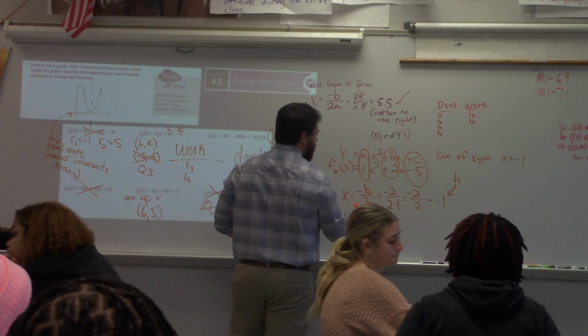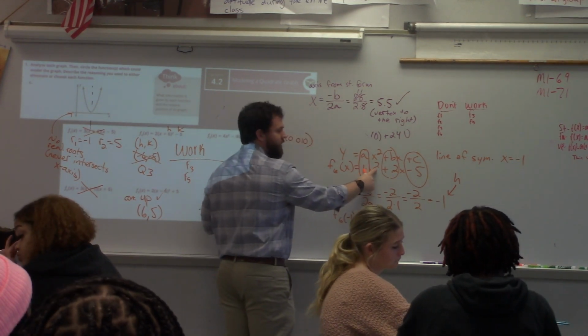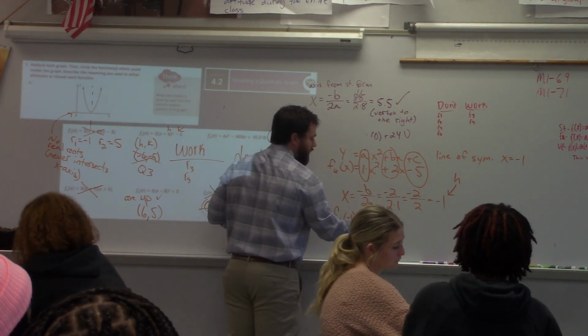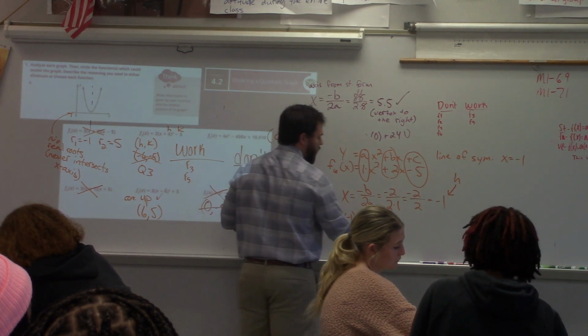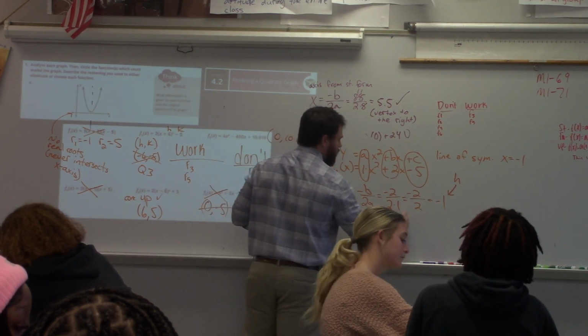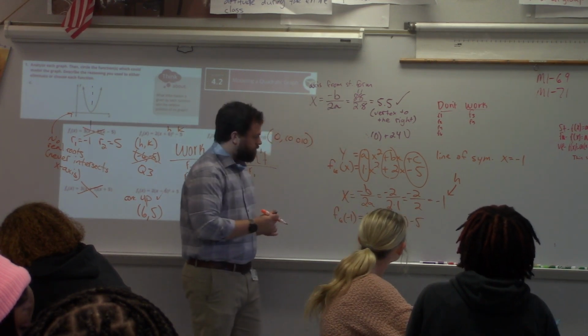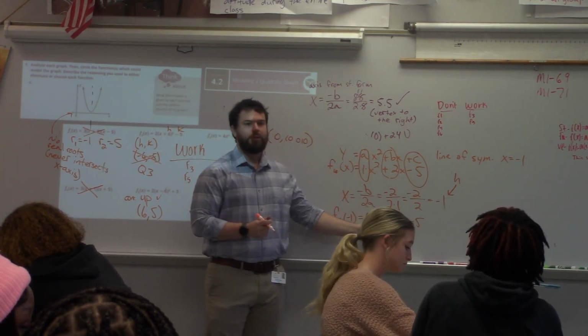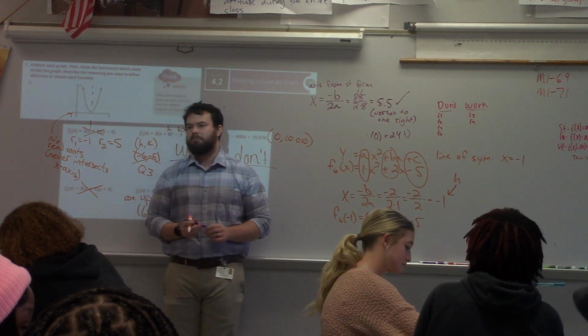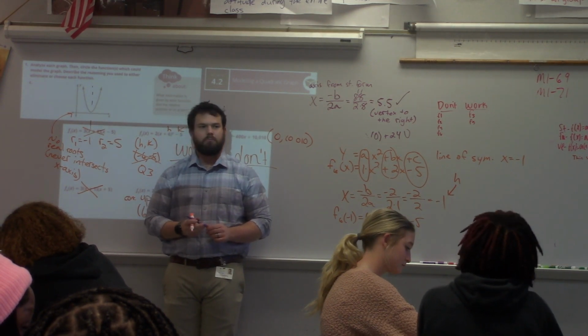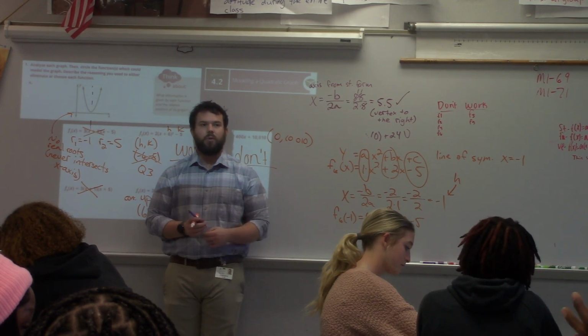Now, you need to make sure that you recognize x is being squared. So I'm going to put -1 inside of parentheses before I square it. 2 times -1 with those parentheses. And this is important, because -1 squared, what does it mean to square something? Multiply it by itself. So what's -1 times -1?